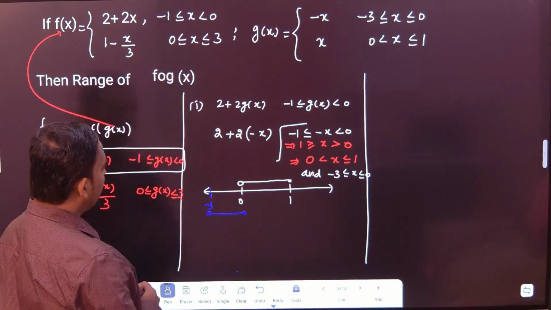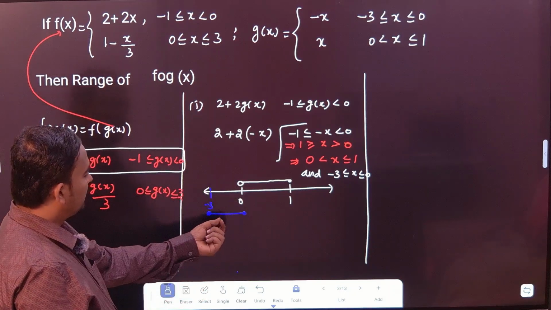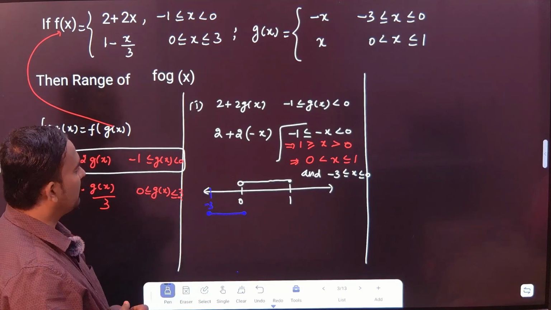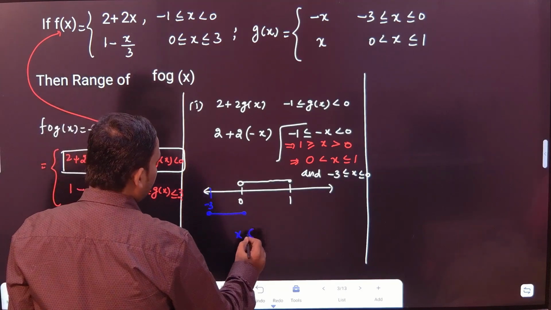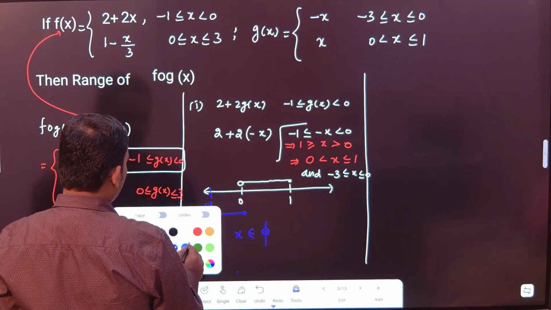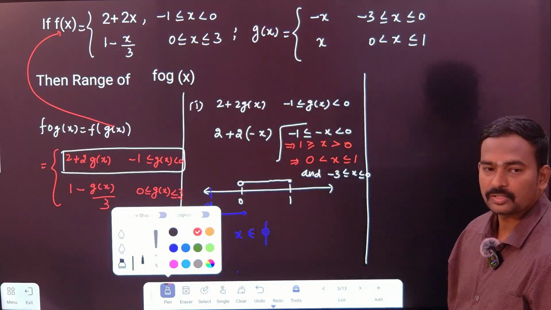In this case, there are no common elements. You can see this violet color and white color have nothing in common. Therefore, x belongs to the empty set. So this function is not defined in this interval. I hope everyone understood, right?